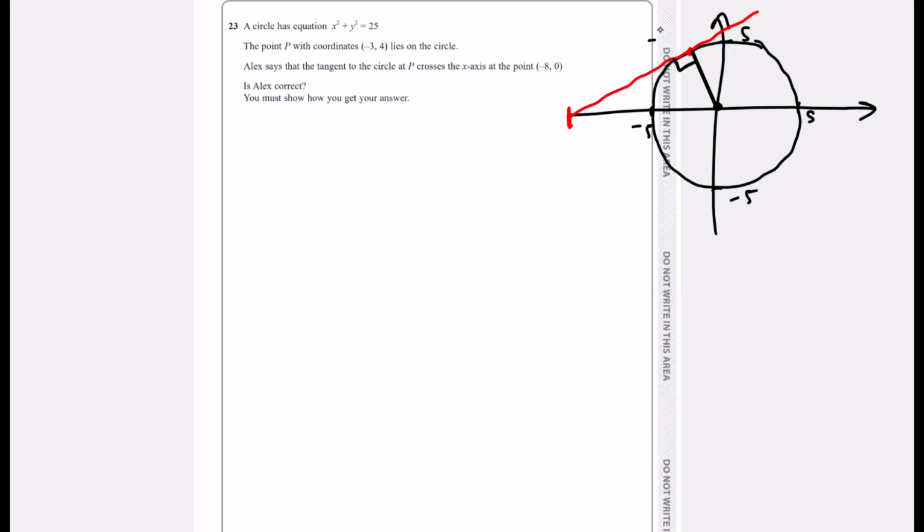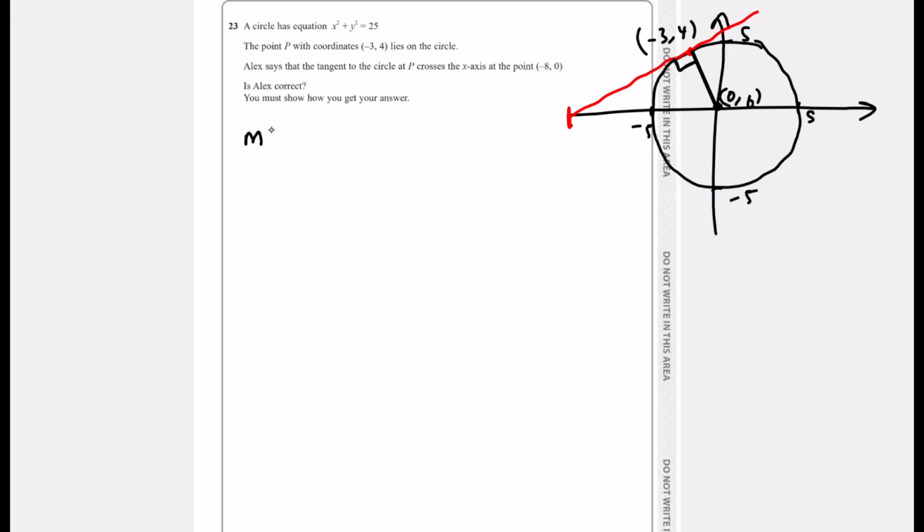So we've got (-3, 4) here, and then we've got (0, 0) here. So what is the gradient of this radius? It's the change in y over the change in x.